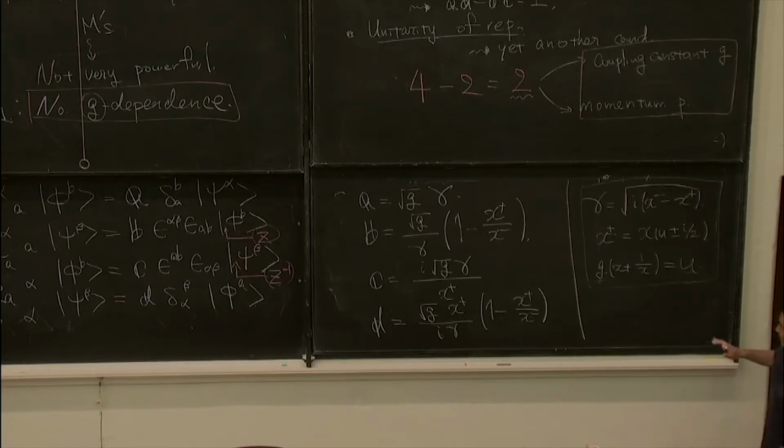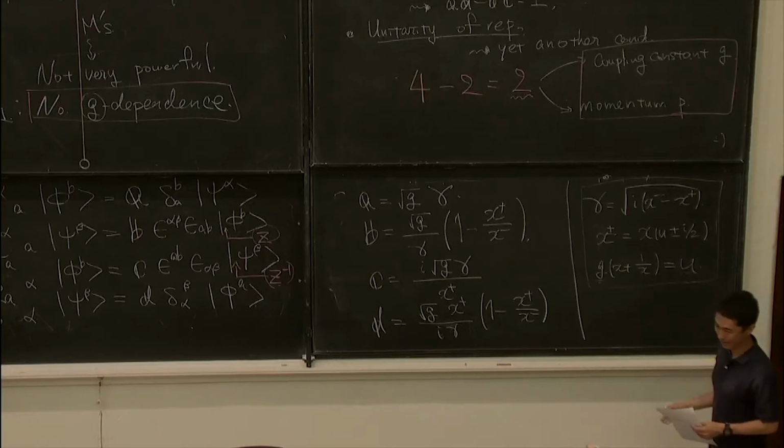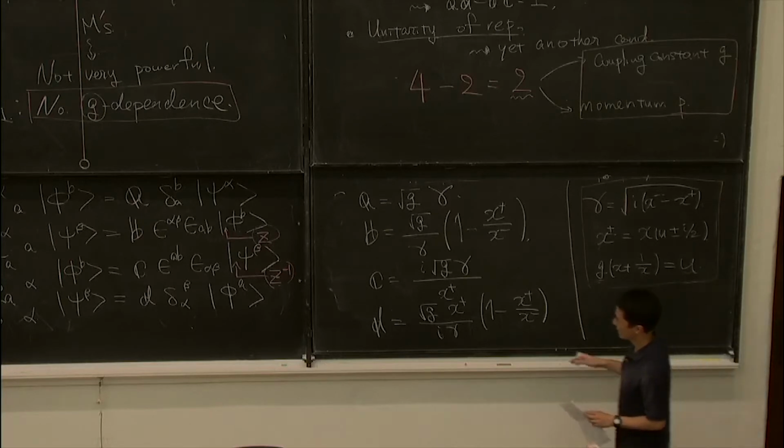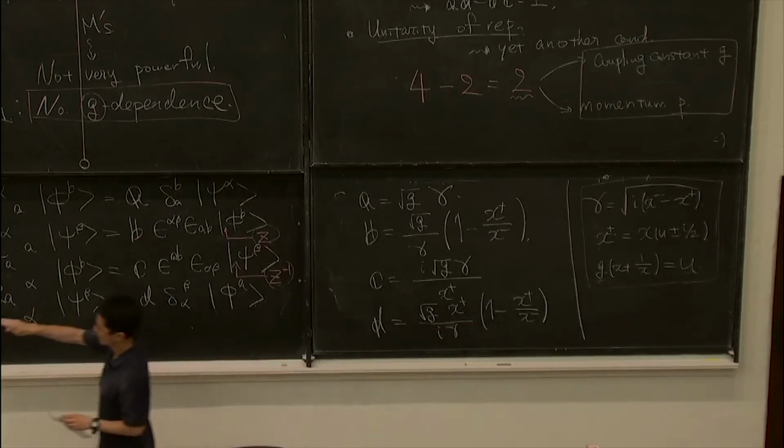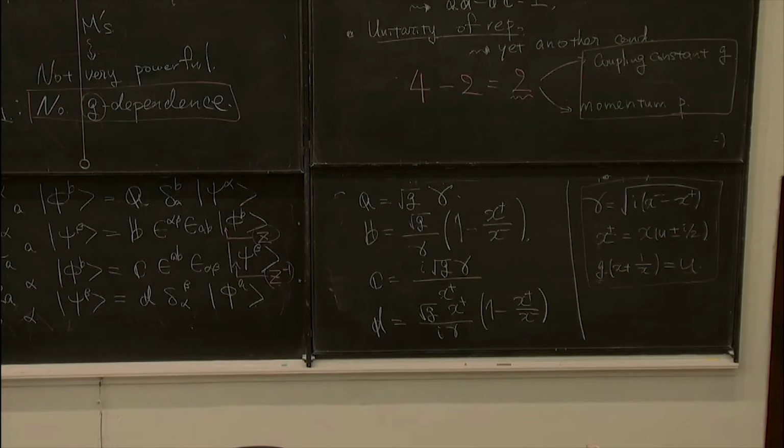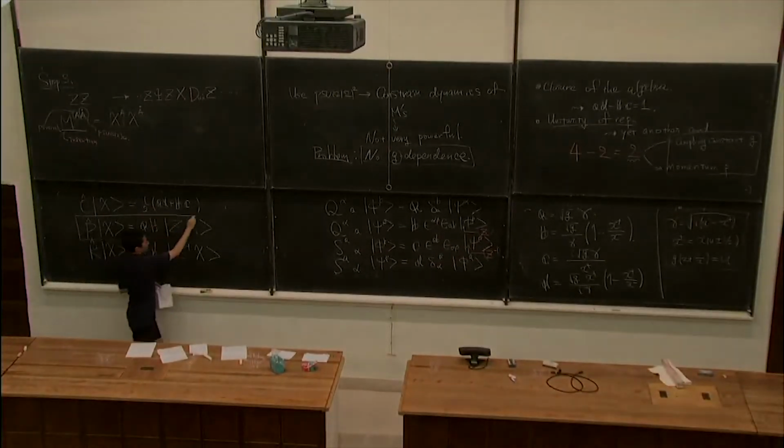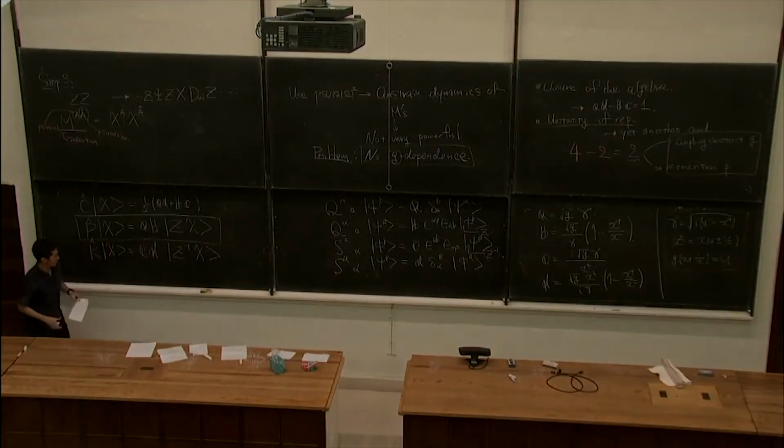It's a bit vague, and maybe you don't understand why this describes physics. But in order to see why this describes physics, it's good to look at the action of P hat. So let's take the action of P hat.